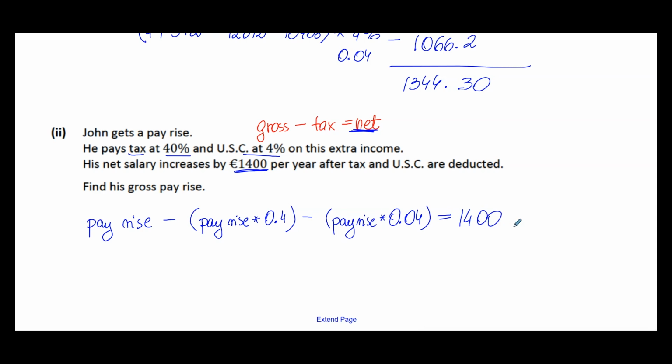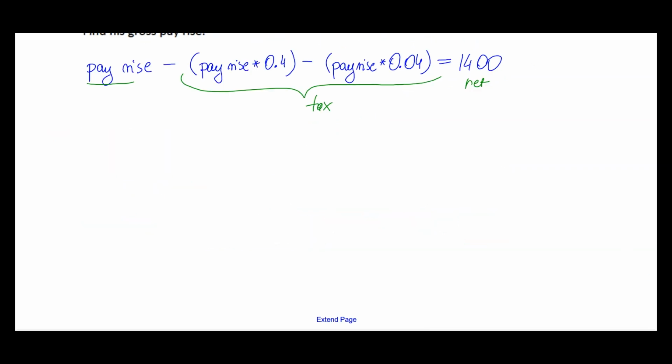And there is no formula, really. We have to read it and we have to change it to an equation. But the idea is that gross, minus, and all of those are the taxes that I am taking away in order to get the net value. Okay, so now I'm just going to rewrite that.